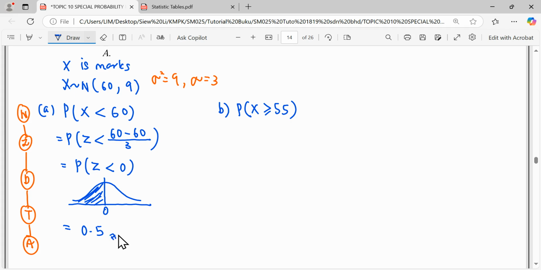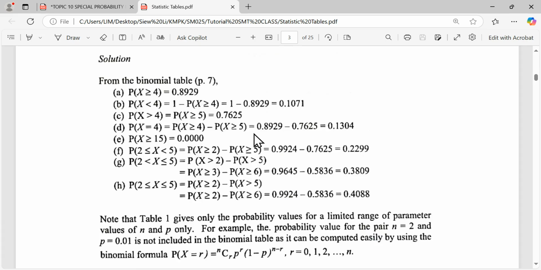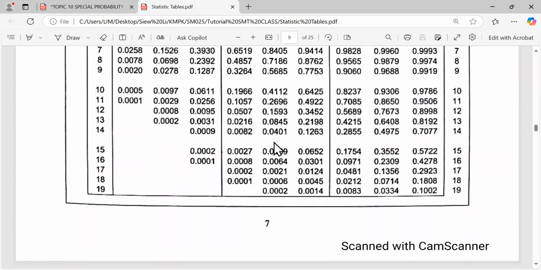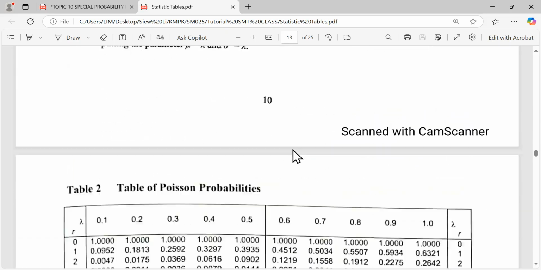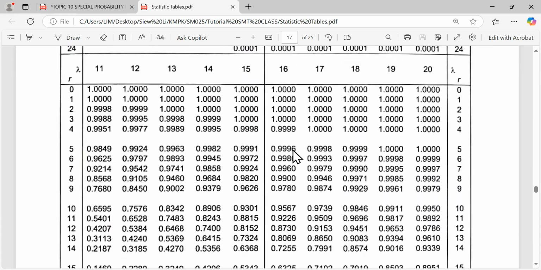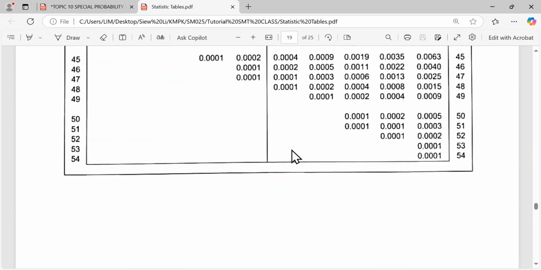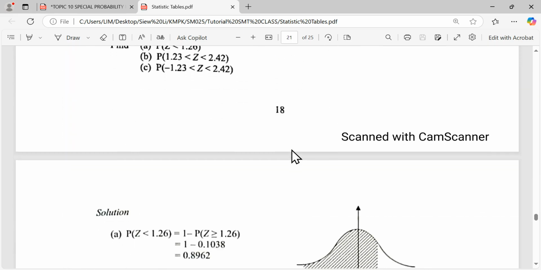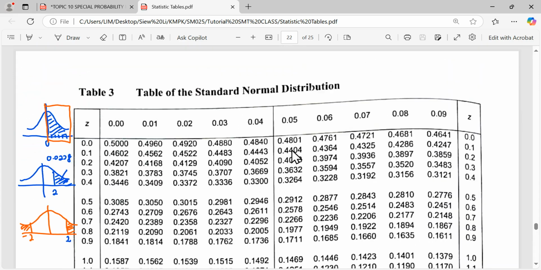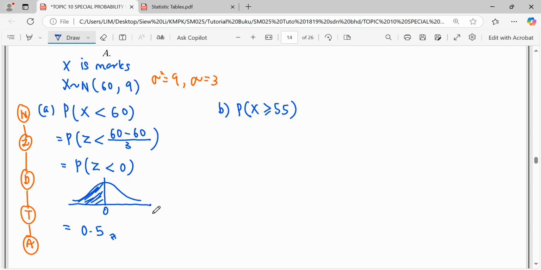If you want to read from the table, you also can. We look at the normal distribution table on page 20. You can see reading 0.00, half of it, the probability is 0.5. So that will be our part A.